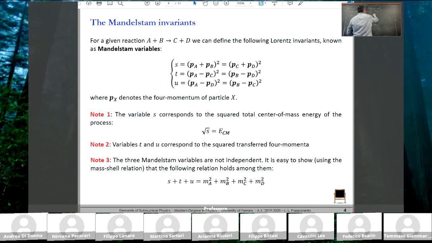That is m_A squared minus m_B squared plus m_C squared divided by twice m_A. So these are the expressions of the center of mass energy of particles B and C in the general case, where B and C are different.